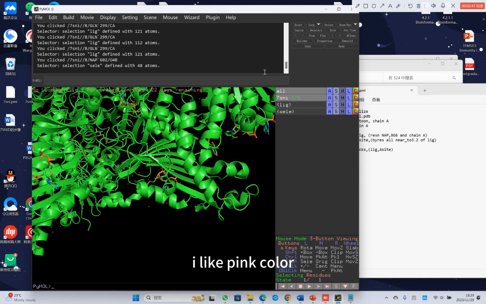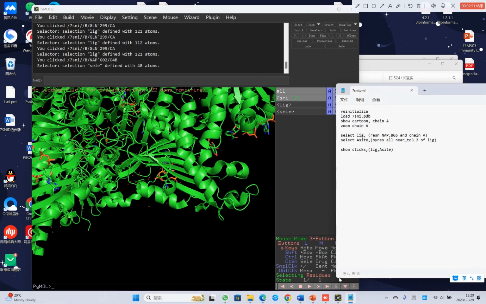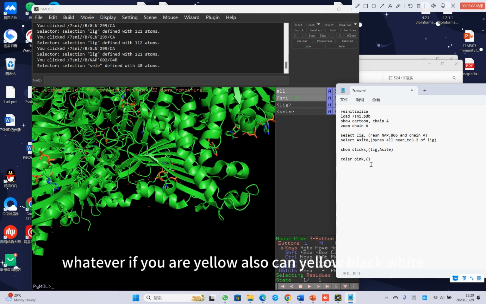Color pink. I like pink. Color pink, B and name C plus. Okay. Color pink. Or whatever, if you want yellow, also can, yellow, black, white, whatever color you like.